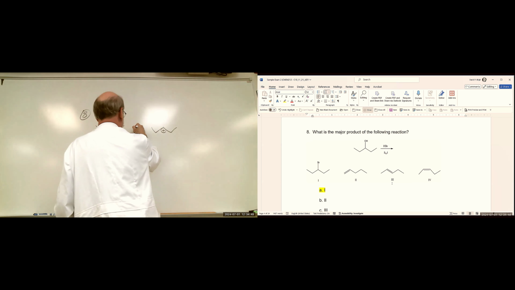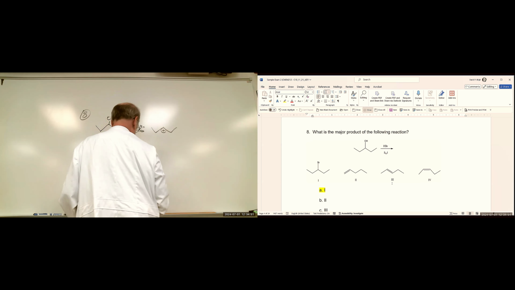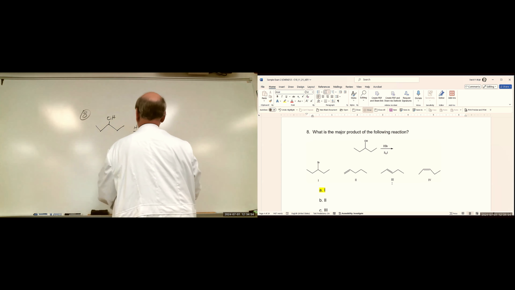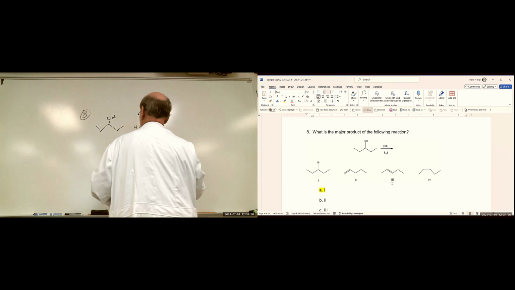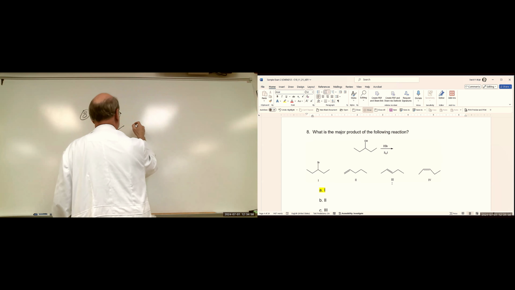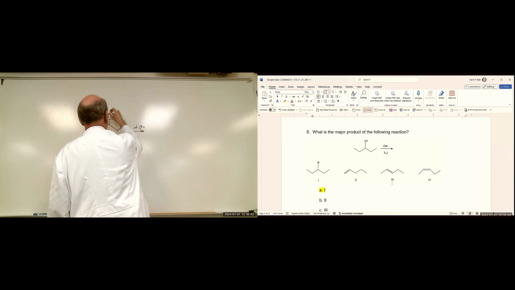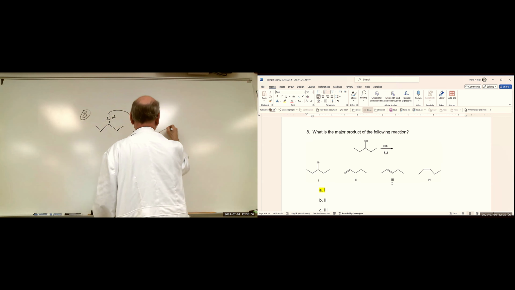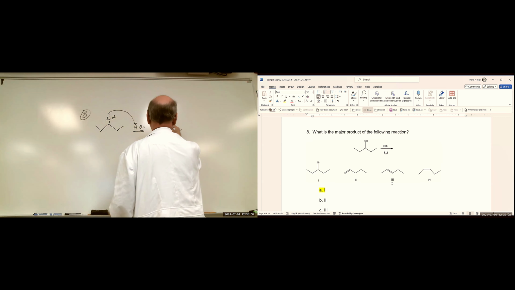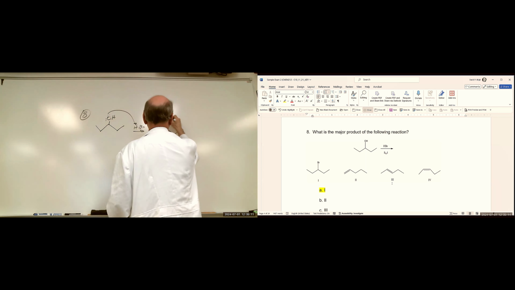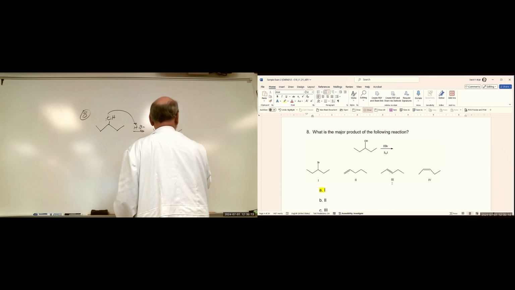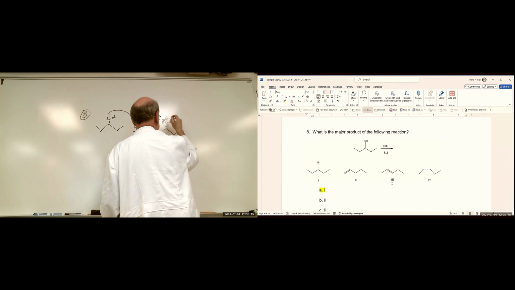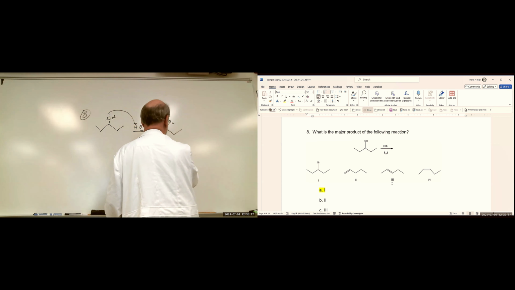There we go. And HBr, all right, what it does is it protonates, forms that, and then that leaves, and that leaves behind the carbocation.